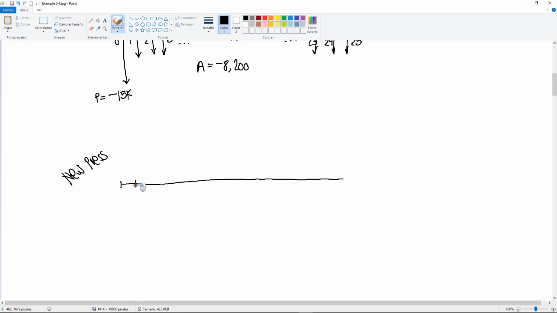Again, I have 0, 1, 2, 3, then I have 25, 24, 23, and the middle years. For this one, the initial investment is minus 21,000.